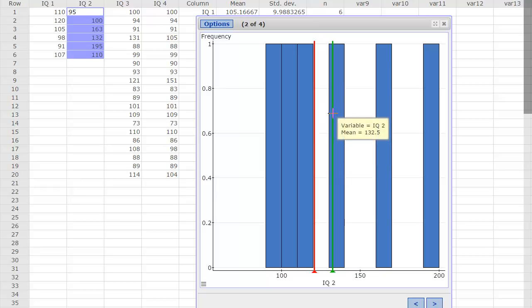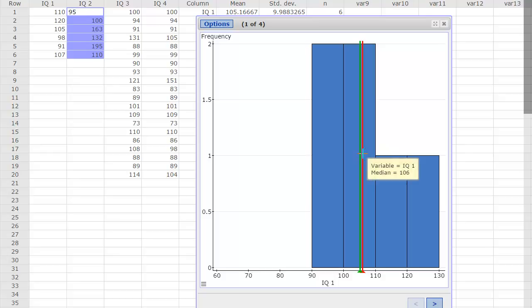So now there's actually an 11.5-point difference between them. That's pretty big. That's probably about 10%. And so this, I would say, is not showing a little bit of skewness. This is starting to show some moderate skewness. And so IQ2 data would fail, whereas IQ1 data would be okay.